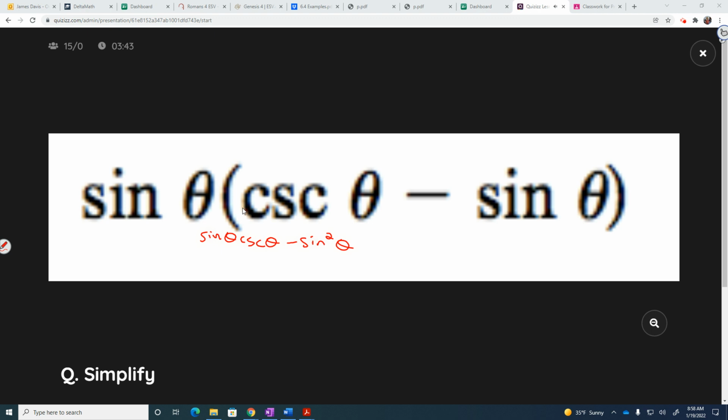So if you just distribute right off the bat, you get sine times cosecant, and then sine times sine, and then sine squared. You can then replace cosecant with 1 over sine. You can also switch this one if you want. And then when you do this, sine times 1 over sine, these cancel. So it leaves you with 1 minus sine squared.